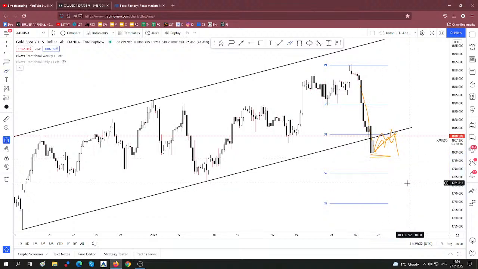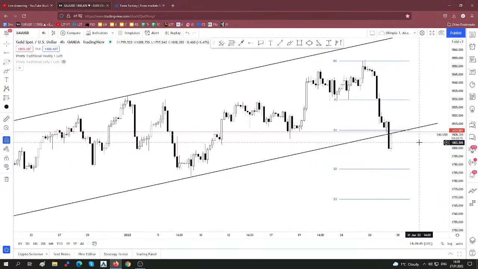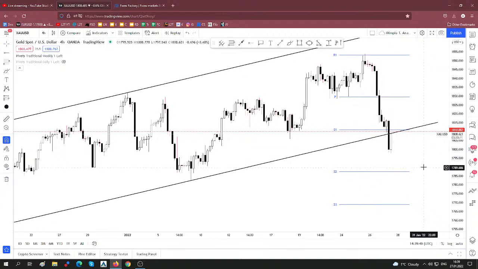So after this aggressive breakdown, if the price stays below the uptrend line, below 1810, then I will look for shorts, I will search for selling opportunities here in gold. I believe that's only if this 4-hour candle, which will close in 3 hours and 20 minutes, is not something like a major bullish engulfing.